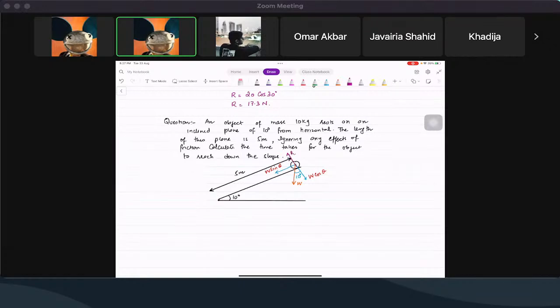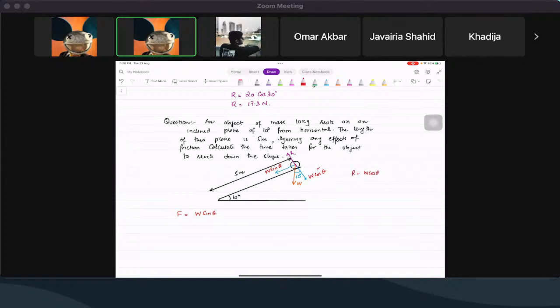Now check this out. If I write that the resultant force F is equal to W sin theta, because the other force is balanced by the reaction, would it be wrong? What do you guys say? Because R is equal to W cos theta, it's balanced.